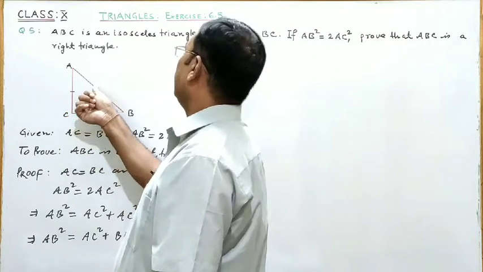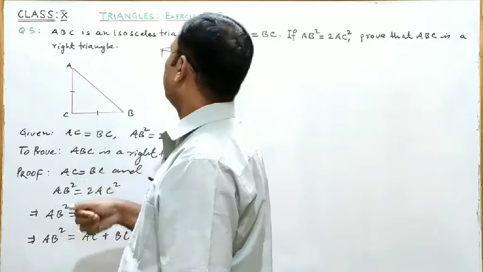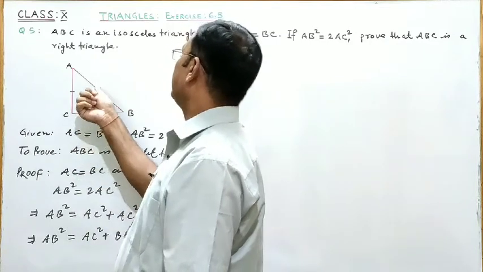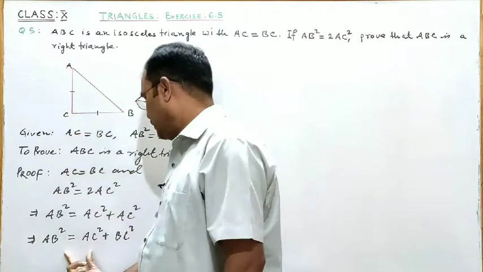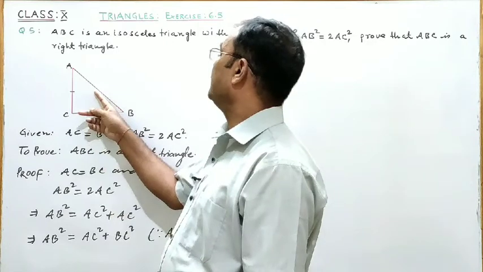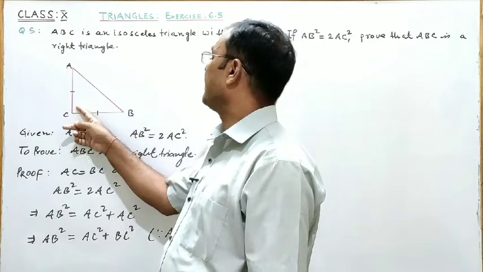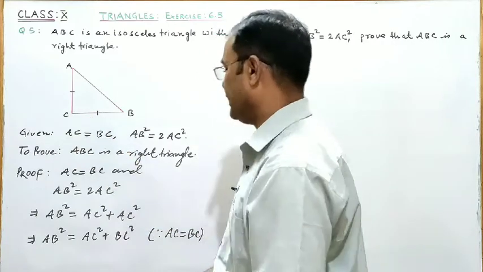In this triangle, AB square is equal to AC square plus BC square. That means square of one side is equal to sum of the squares of other two sides. Therefore, angle opposite to this side AB is a right angle, that is angle C is a right angle.